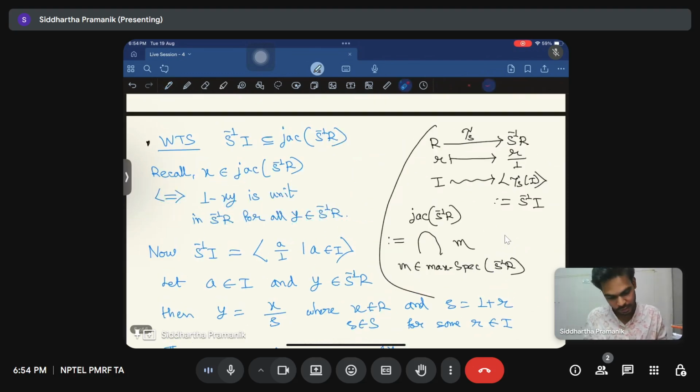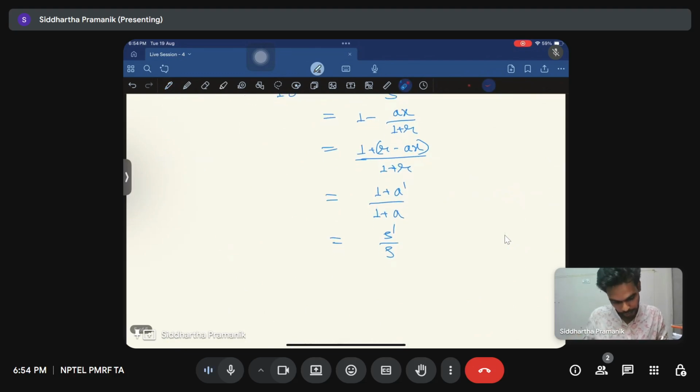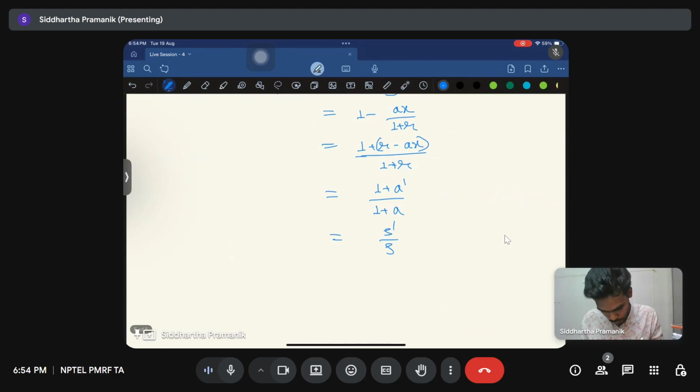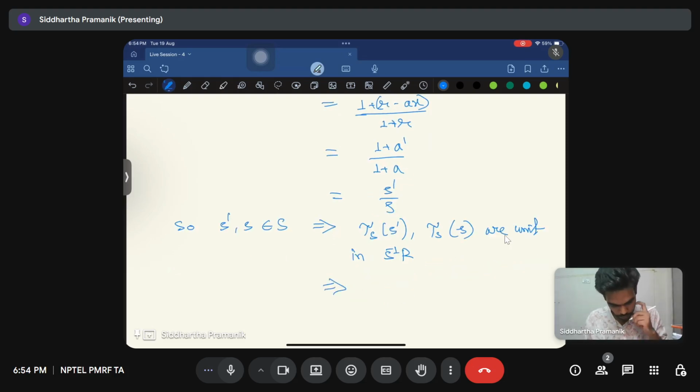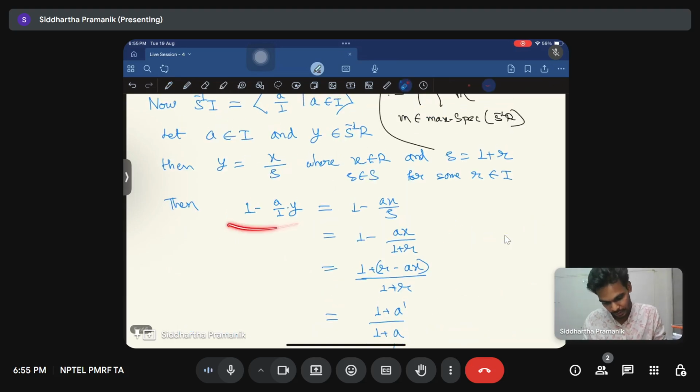So what is localization? Okay, before that, s prime comma s both belong to S. So that will imply tau S of s prime and tau S of small s are units in the localized ring S inverse R. So s prime by s is a unit in S inverse R. So basically this element is a unit.